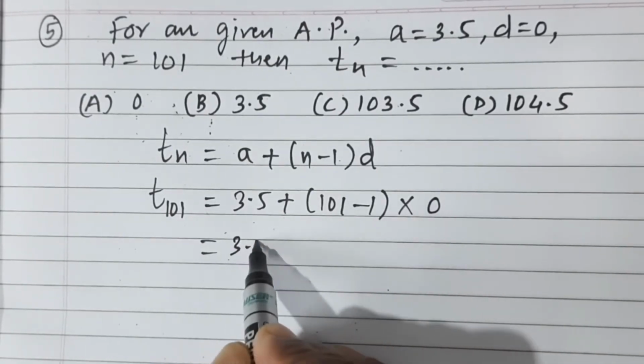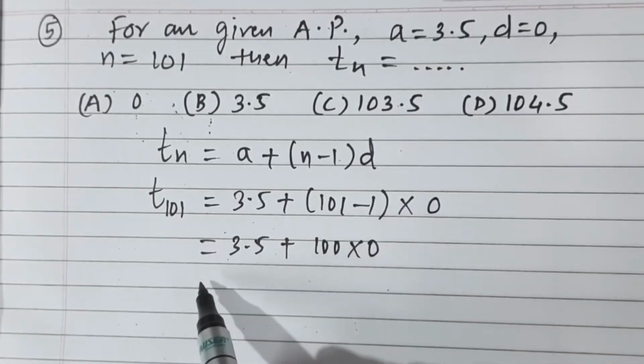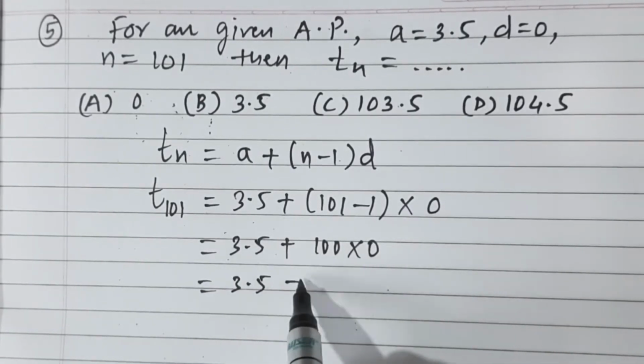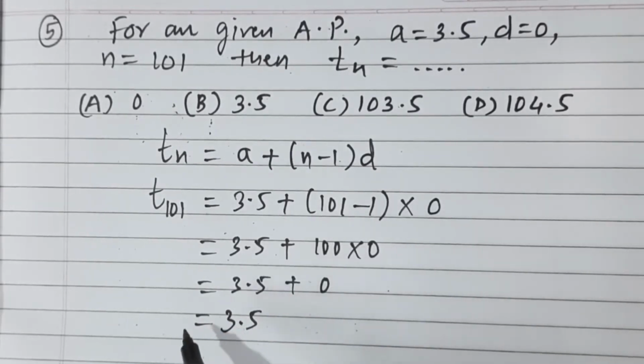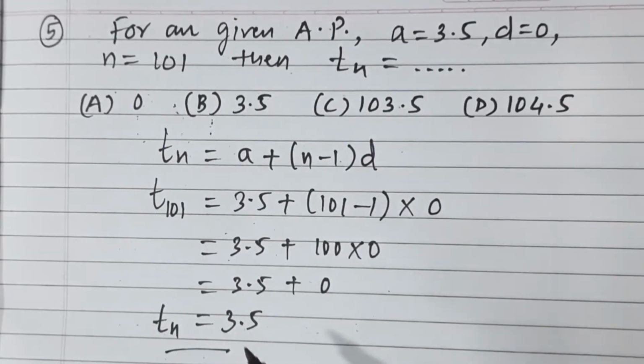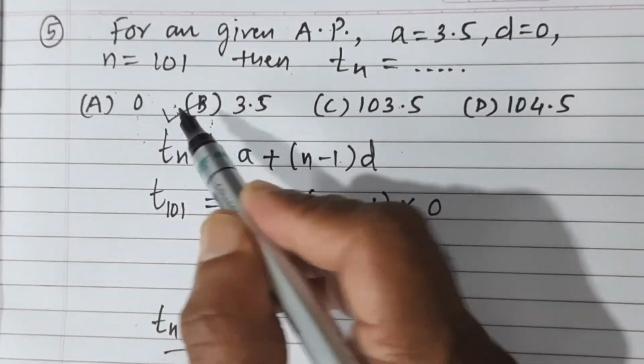So 3.5 plus 100 into 0 is 3.5 plus 0. So Tn, that is T101, is equal to 3.5. So the correct option is option B.